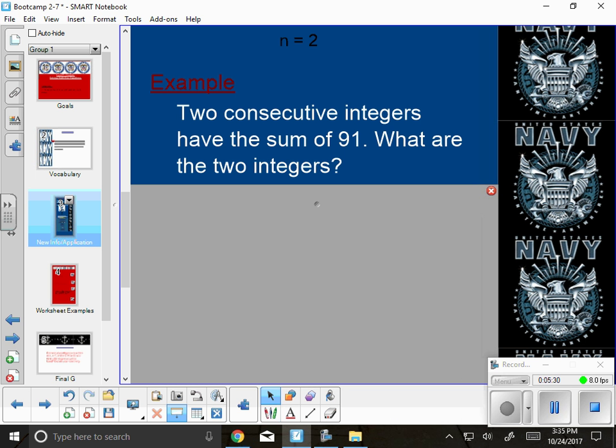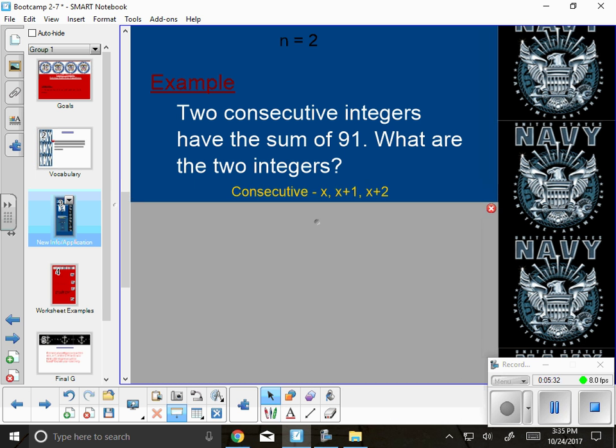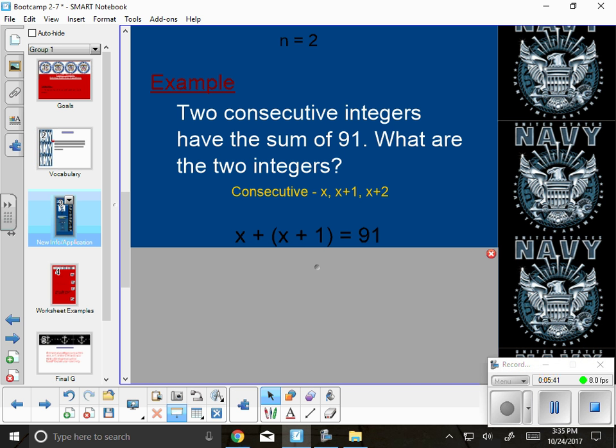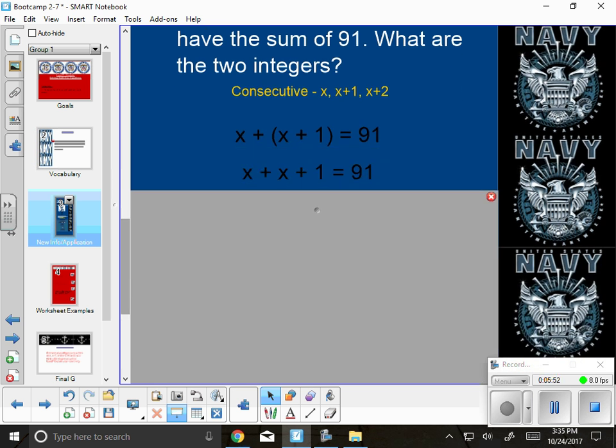I think the best way for us to write this is to remember that consecutive is x, x plus 1, and x plus 2. So to start this one off, we're going to write x plus (x plus 1) in parentheses equals 91. From here, you can take the parentheses out.